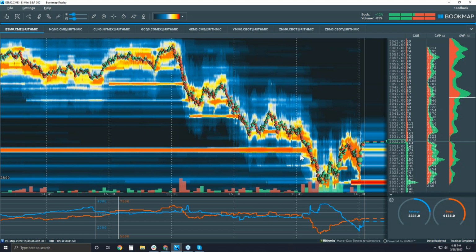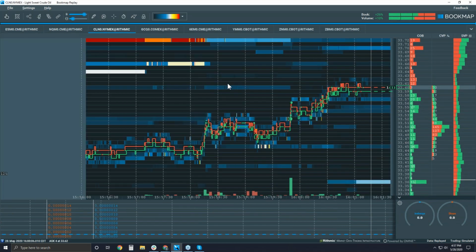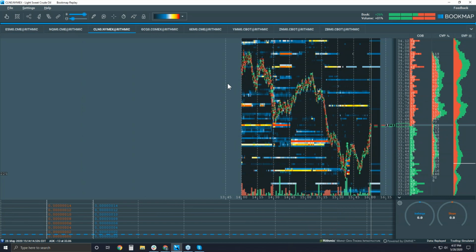So that context again, okay? Understanding what's going on with the order book and the liquidity, and then the order types, and understanding the stops and the icebergs, right? So yeah, we can look at crude oil. We have gold and the NASDAQ as well. Let's take a quick look at crude and see what we had going on today.